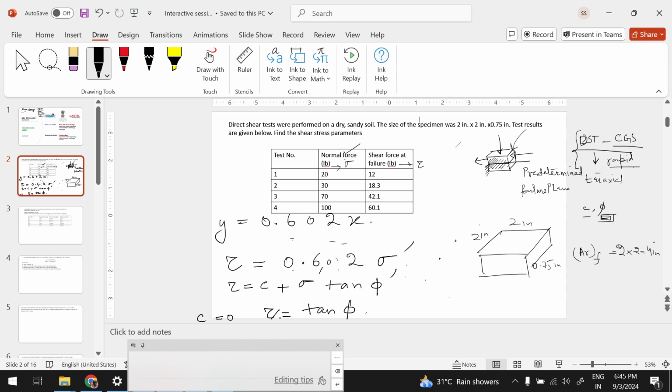So here tau over sigma dash means tan phi equals 0.602. And let's calculate tan inverse.